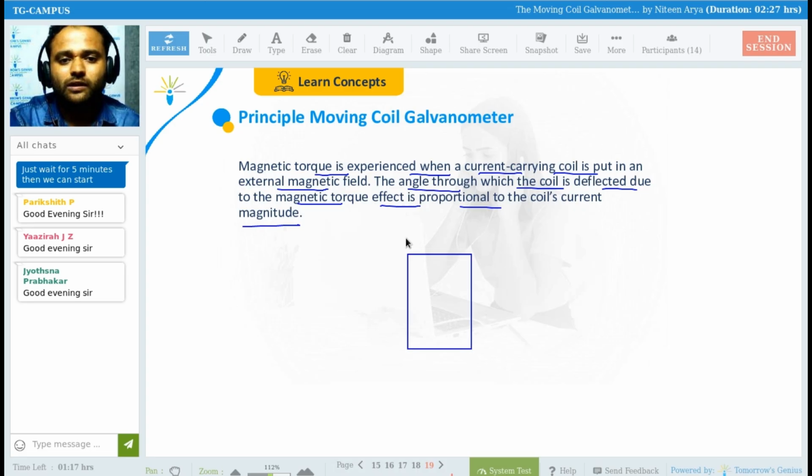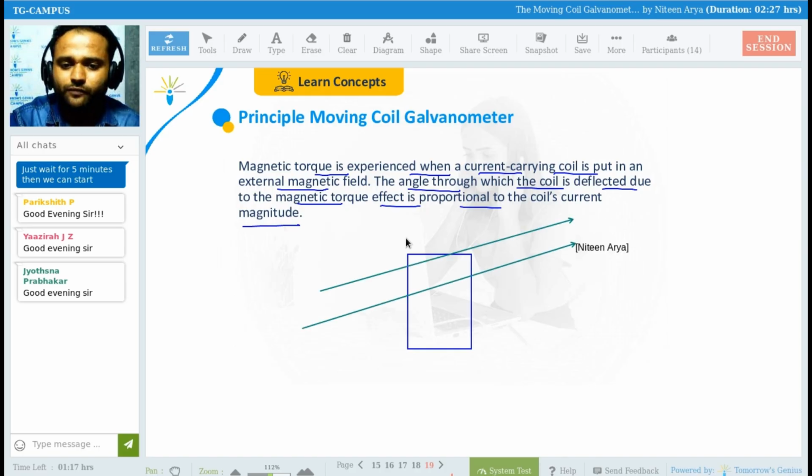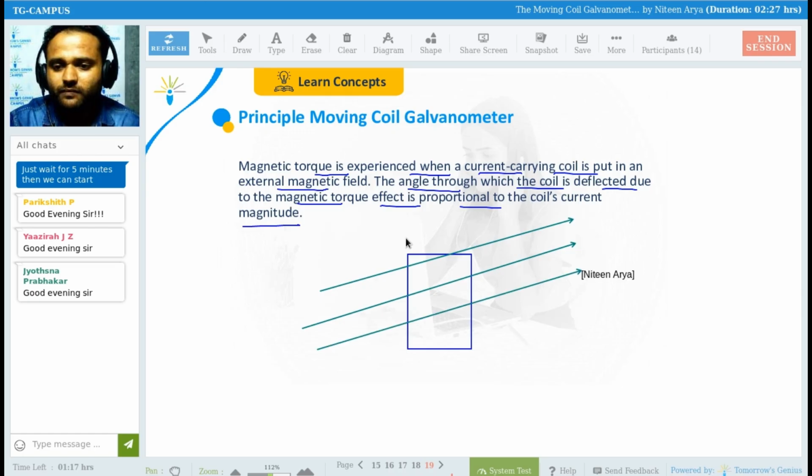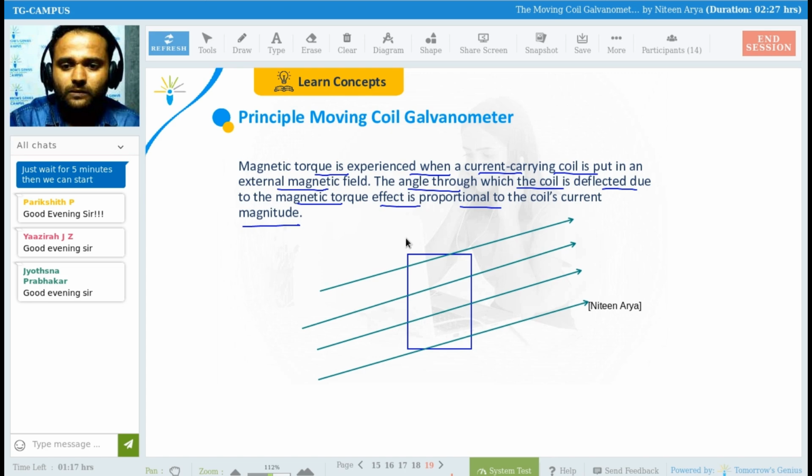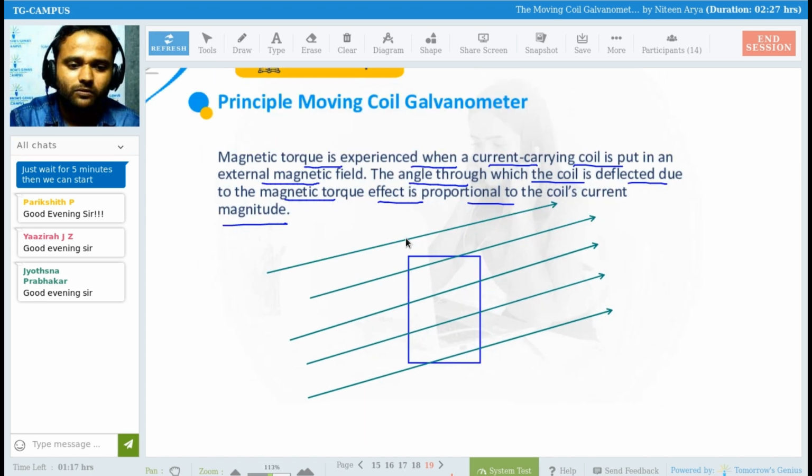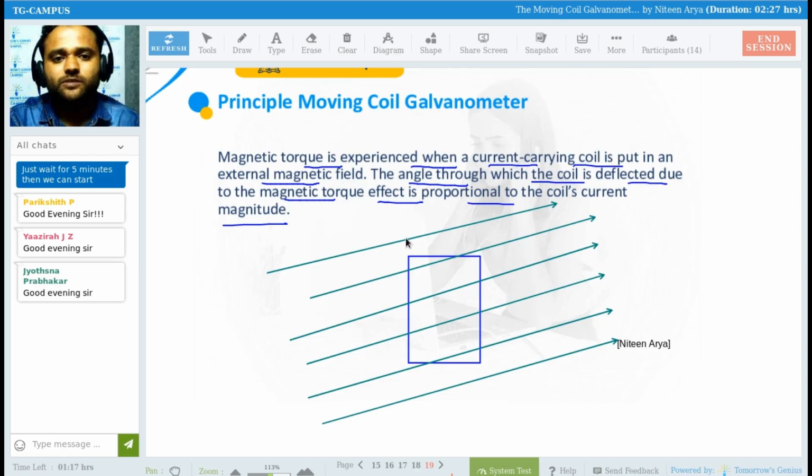In this coil, we have a magnetic field. Suppose the magnetic field is in this direction, but it is uniform. Now there is a current in this current-carrying coil. Suppose I apply a current in this way.